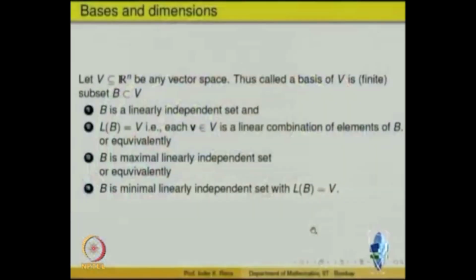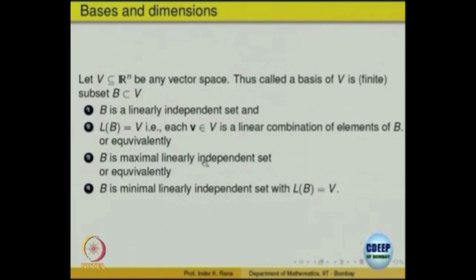So, I have just recapped all this in this slide. B is a linearly independent set, right, and this 2 is a redundant thing actually, it shouldn't be there. So B is linearly independent and the span is V, right. So the itemization we should remove.